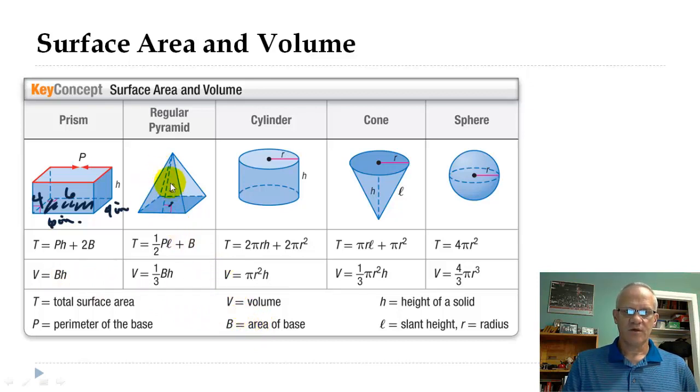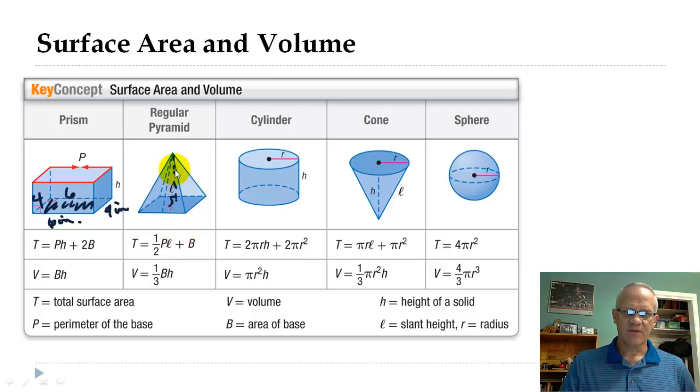Under the pyramid, one thing here that's a little different: you still got a big B, so that's the same as what we did before. You still got height. Now the height, they don't write it in this drawing, but the height is from the vertex up here of the pyramid straight down, to the middle of the base.